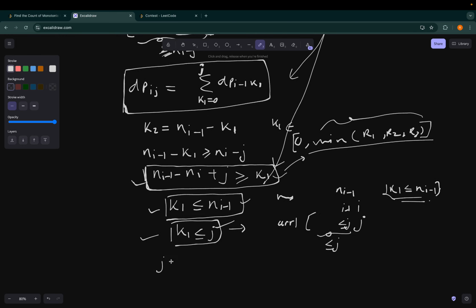And as a matter of fact, your j belongs from 0 till nums of i, right? So you can basically ignore this range, because your j belongs from 0 to nums of i.